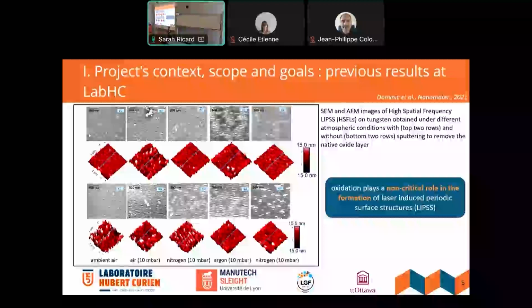There's been a discussion about whether or not it played a role, and a previous PhD at Laboratoire Mercurial showed that we can obtain a lot of similar-looking structures for many different parameters, but many different atmospheres. So oxidation doesn't play a critical role in the formation of those structures, at least.